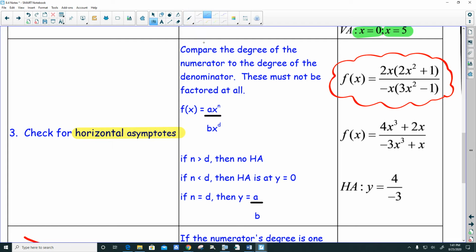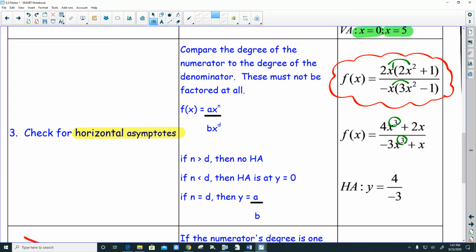So if the problem started out like this here, you would want to be very careful and not mistakenly say that the degree of your numerator is 2 and the degree of your denominator is 2. Instead, you would need to ask yourself, well, if this were multiplied together, actually the degree of the numerator would be 3, and the degree of the denominator would be 3.